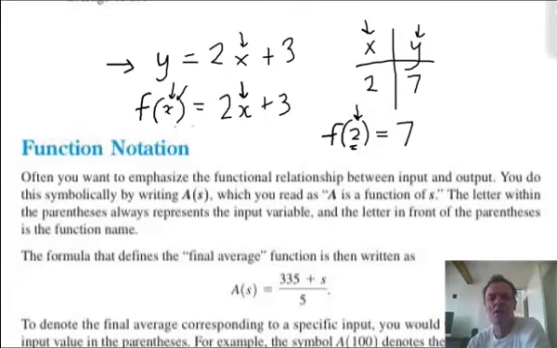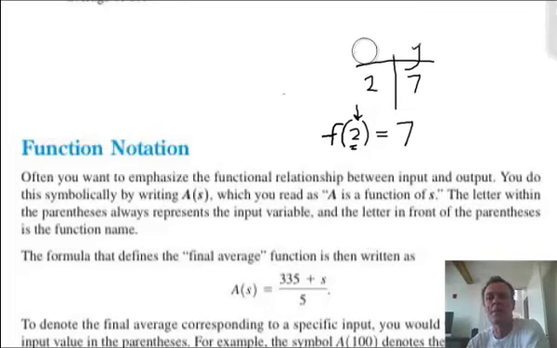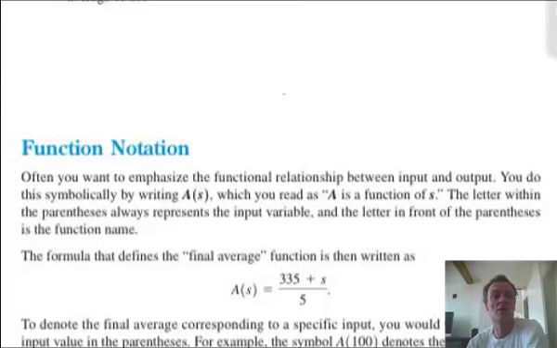Let's have a look at this. So remember, on the previous video, I'd done an equation for averages. Remember, we're trying to average our grade based on what the 5th test would be. We knew what the first 4 tests were. The first 4 tests, I think, added up to 335.